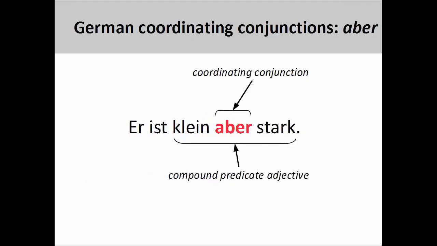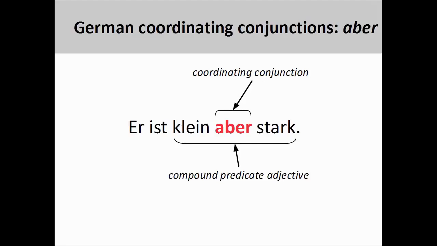The coordinating conjunction aber, but, however, is used to express a contrast or an exception. As you see on the screen, the conjunction can be used to merge two apparently contradictory adjectives, klein, small, and stark, strong, to express the idea that the subject of the sentence, despite his small stature, possesses a remarkable physical strength.